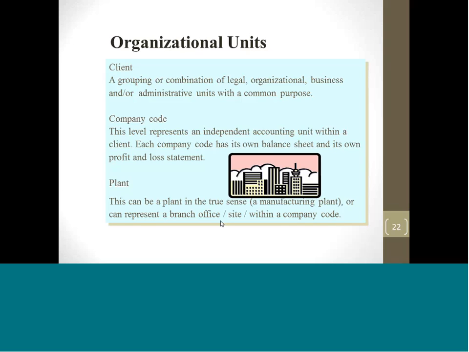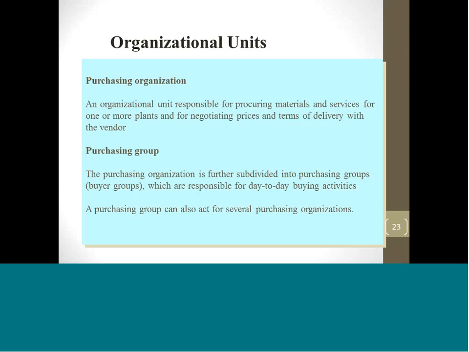At the same time, a manufacturing unit where all the raw materials are taken, assembled, and made into a finished product is also a plant. So a plant can be a place where material is stored, or where it is processed. Then we have the purchasing organization.